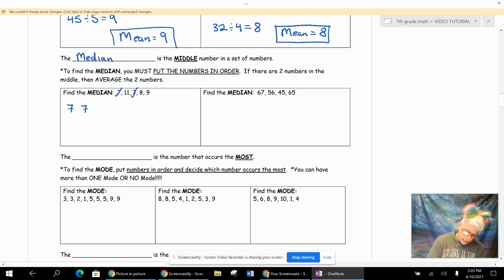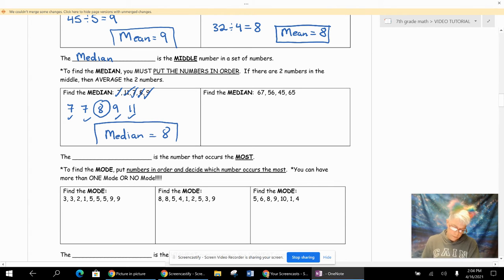I always like to check them off as I go because I tend to forget numbers. Okay, now I'm going to find the middle number. So I'm going to check off 1, 1, 2, 2, and there's my middle number. So my median is 8.